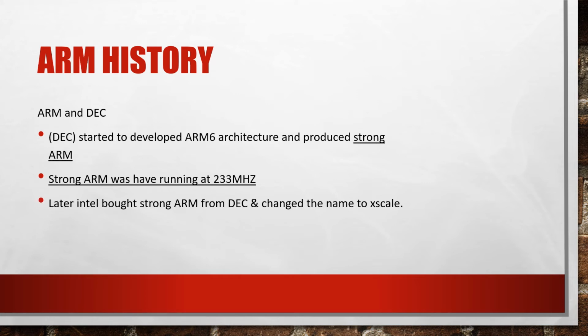Later Intel bought StrongARM from DEC and renamed it XScale, but it was a failed move by Intel. Later on, in 2006, Marvell bought XScale from Intel.